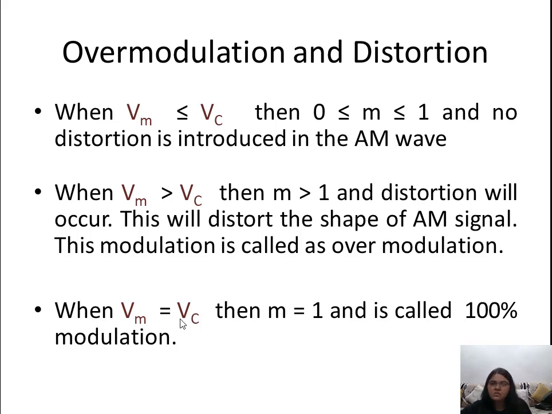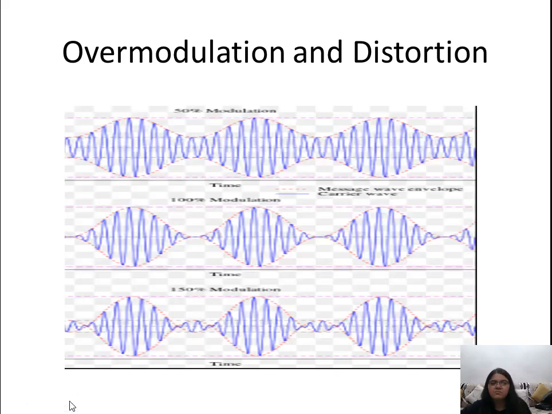If Vm is less than Vc, with m equal to Vm upon Vc, there is no distortion. Over here you can see that when Vm is equal to Vc, there is no distortion and no information loss.